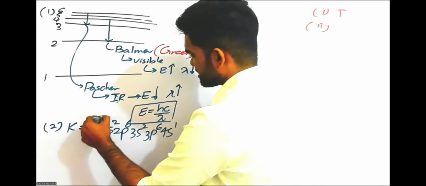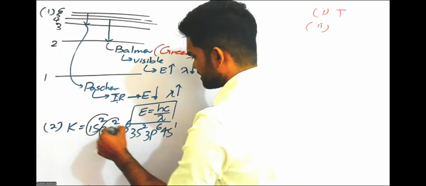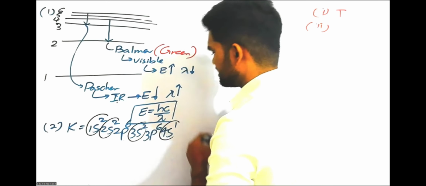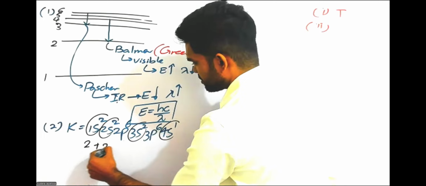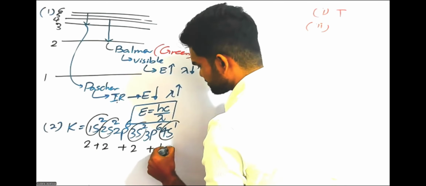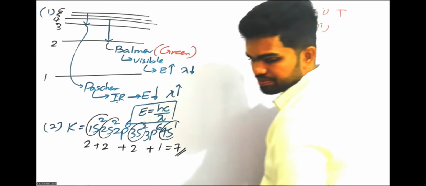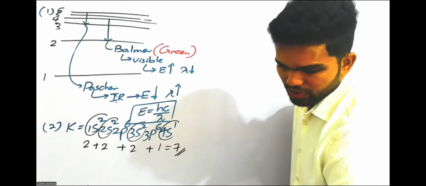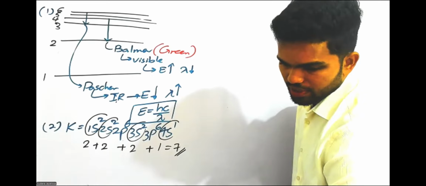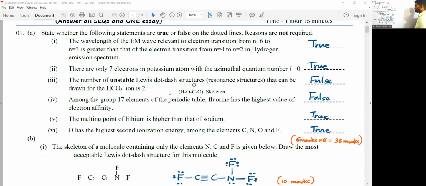You can see s sub energy level electrons here, here, here, and right here. So you have 2, 2, another 2, and 1, so you have 7 electrons. That statement is also correct. You can write l equals 0 means s sub energy level.